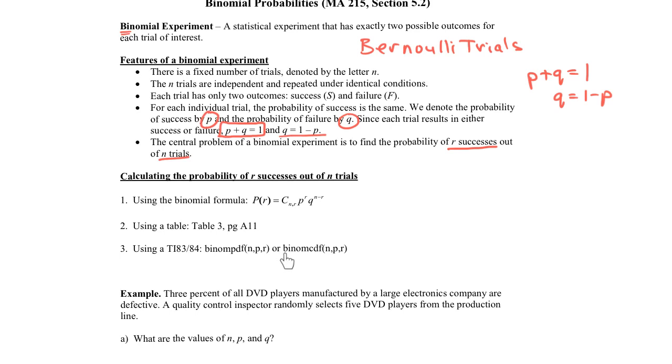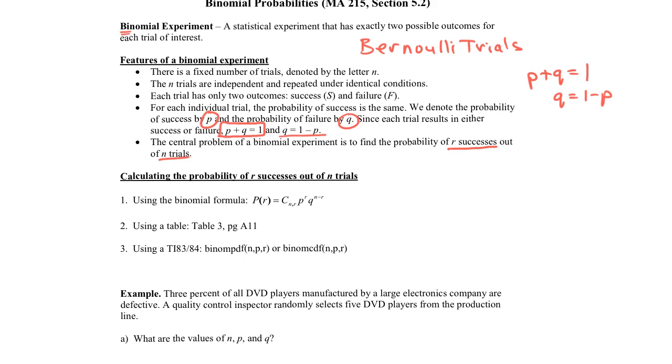And then this one is a binomial CDF. Well, really it's a cumulative probability distribution function. So it'll make sense when we look at this, and then this is just a cumulative distribution. So the things we need to know: NPR, the inputs are the same for both commands.